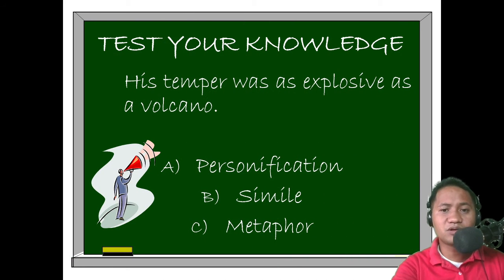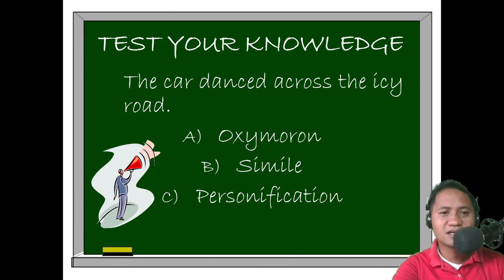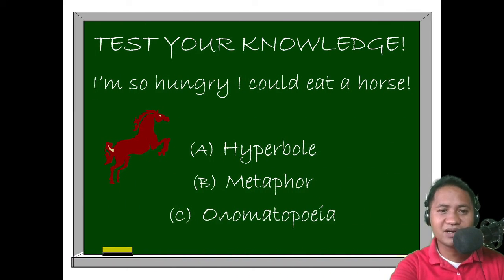His temper was as explosive as a volcano. A. Personification. B. Simile. C. Metaphor. The car danced across the icy road. A. Oxymoron. B. Simile. C. Personification. Wala na nakakuha i-explain mo kay mahalata na kayo ang mga answer.